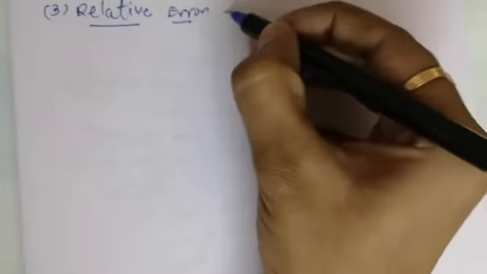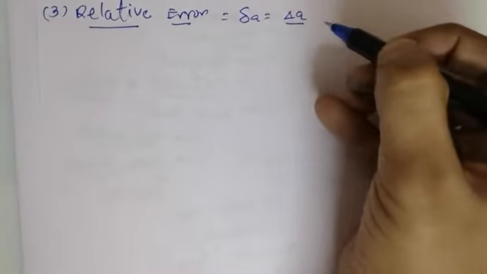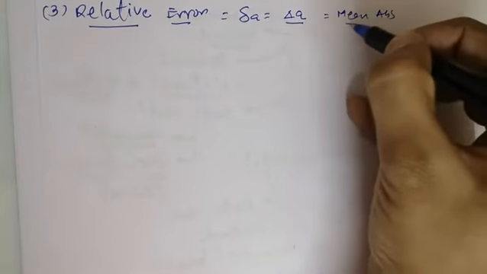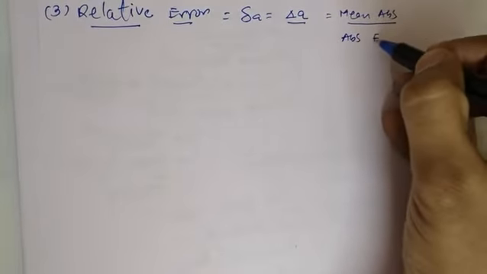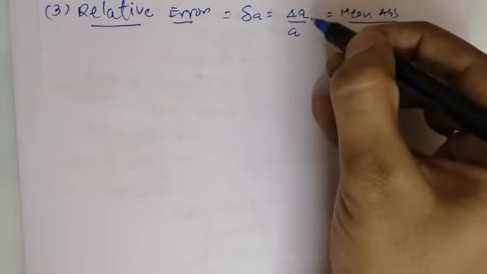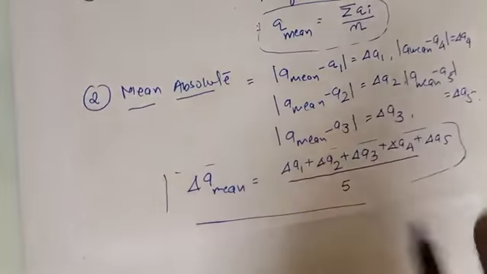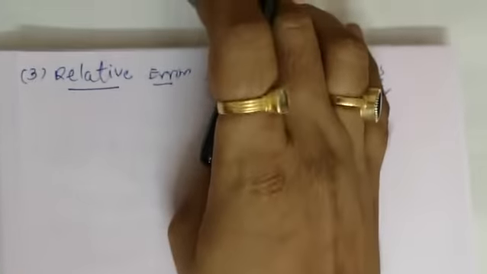In this one, delta A is called del A, which is the mean absolute error divided by the absolute value. So I take delta A mean from the previous one and divide by this one. It will give me delta A, which is called del A.